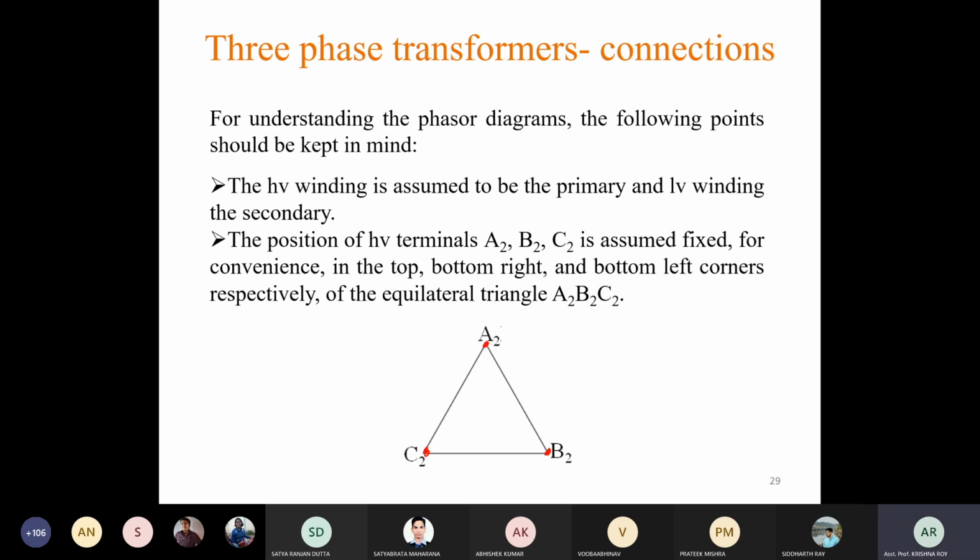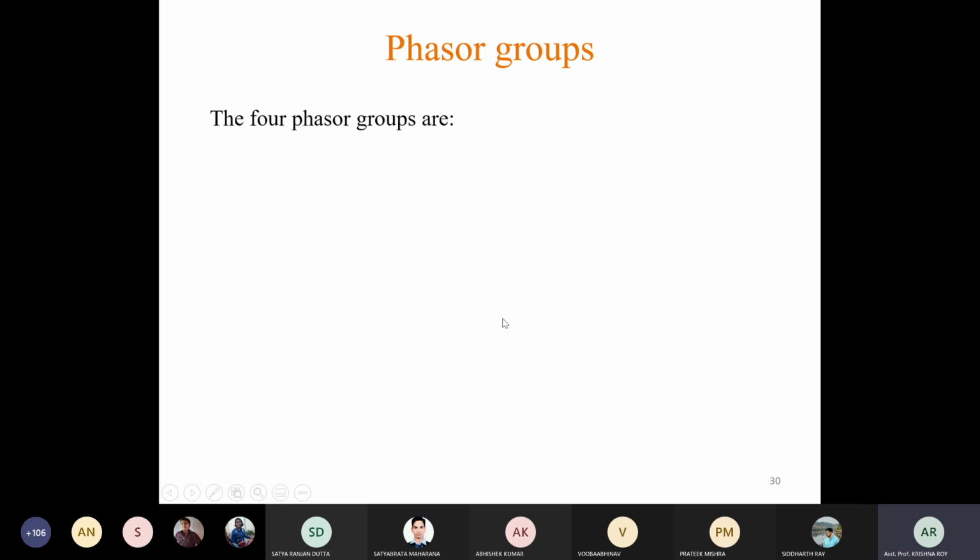Whatever the connection may be, if it is delta connection, then A2, B2, C2 will be here. If it is star connection, then also A2, B2, C2 will lie at these positions only. Now, based on those conventions, we will be able to draw the different phasor groups.